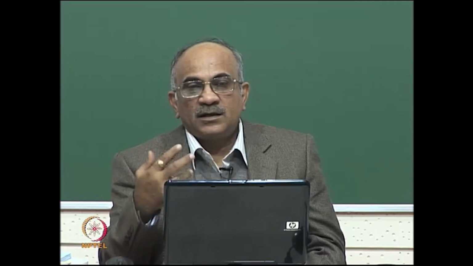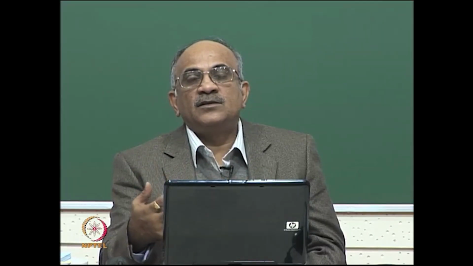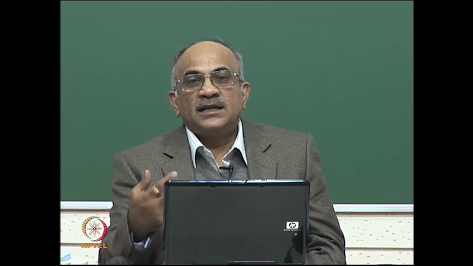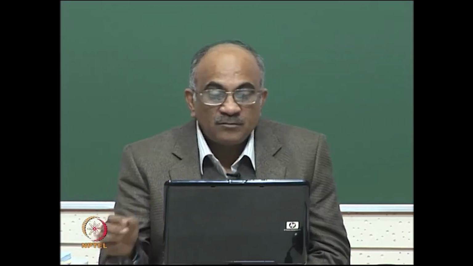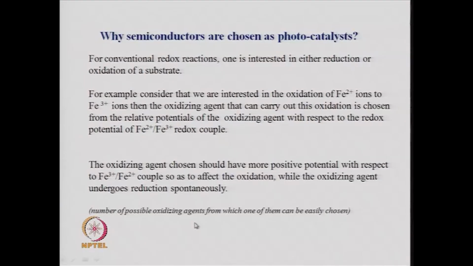If you are dealing with a reduction reaction, then you will discuss the electrons, which are normally present in the conduction band and which can be transferred to the couple. So, depending on whether you are doing oxidation or reduction, you have to know which system to choose from the potentials, which are all tabulated in several books.